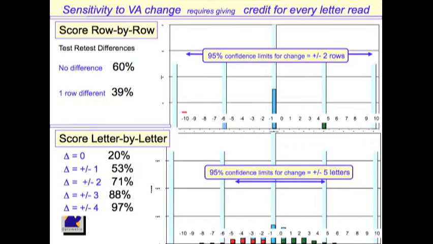And if you have a rule like that, this is what happens when you test and retest normally sighted people. About 60% of the time, thereabouts, you'll get perfect agreement between your first test and your second test. 20% of the time, people will do one row better on their second repeat, and 20% of the time will get 1 row worse.